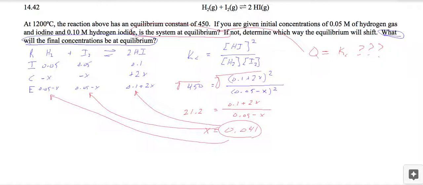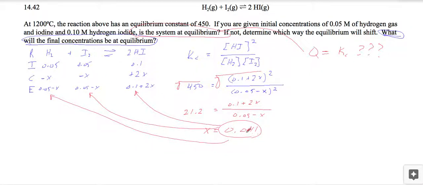And then we would be able to say yes or no to that question. And then which way would it shift, either left or right? Now, because of this last line here, what will the final concentrations be at equilibrium, you can kind of just skip ahead to solving for that because it tells you which way it'll shift.